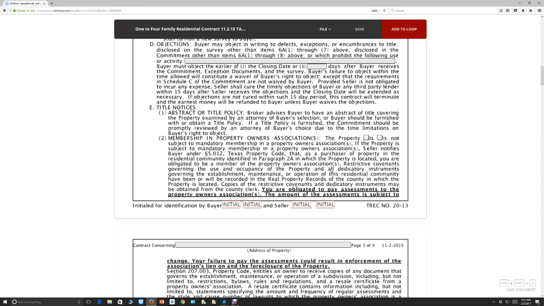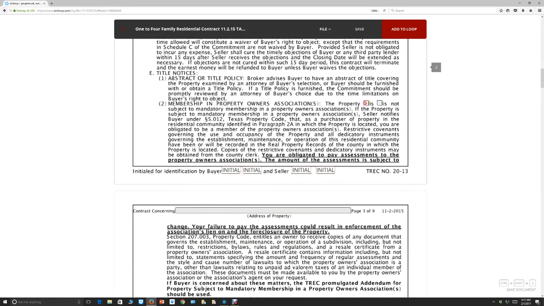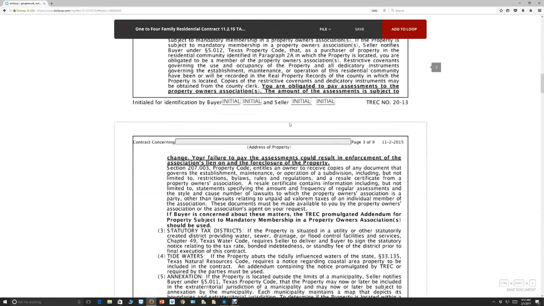They do not want cars on blocks in the front lawn. So they require a mandatory one. Others will never buy a home that's in a mandatory homeowners association. They want to be able to build whatever they want on their property, and they don't want the government telling them what to do. So it's very important that you get this box correct. The property is or is not subject to a mandatory homeowners association.